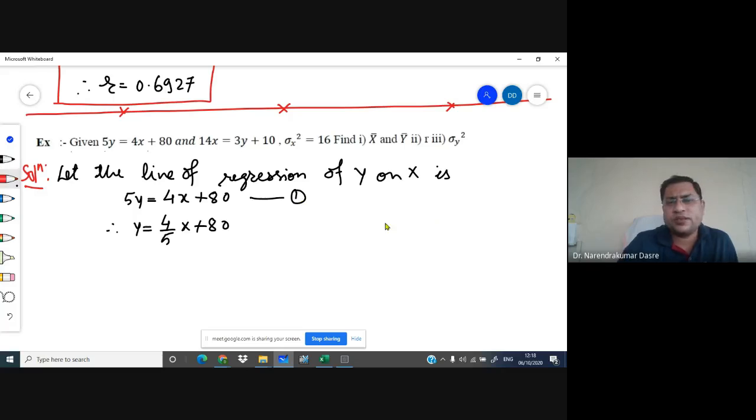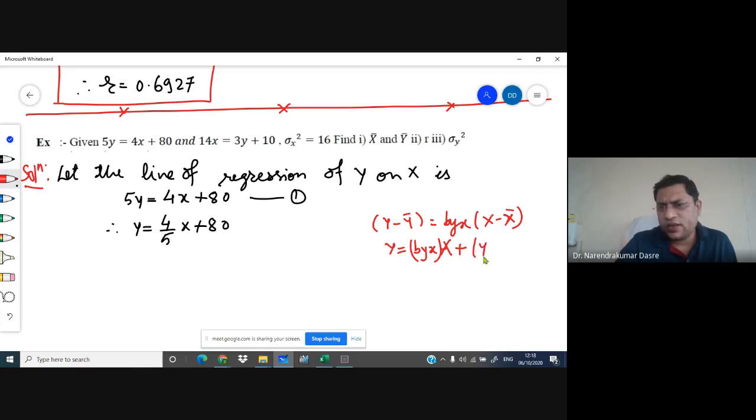And if you remember, what is the line of regression? We have y minus y bar is equal to byx into x minus x bar. So if I simplify this, y is equal to byx into x plus, what is the term we will be having? y bar minus byx into x bar.